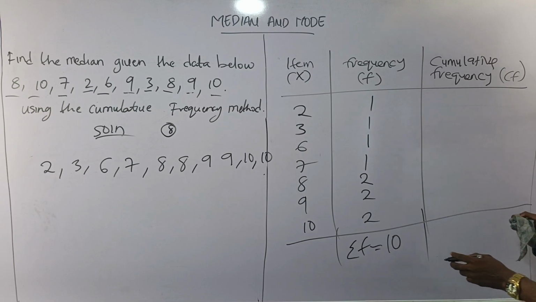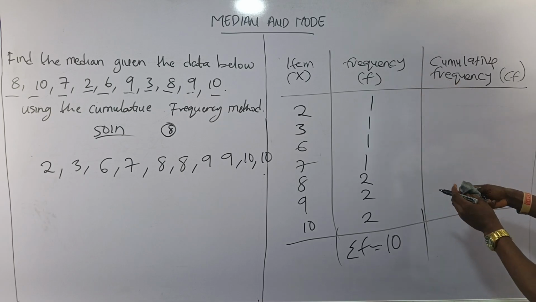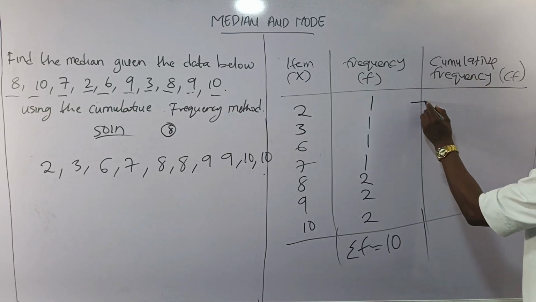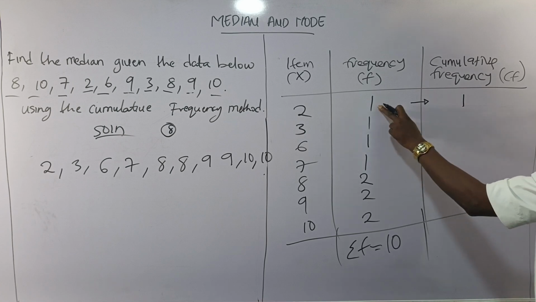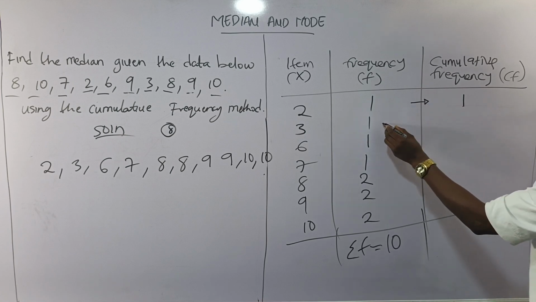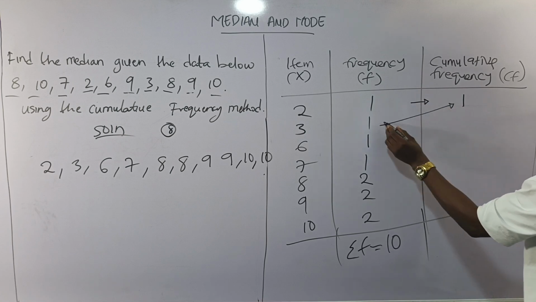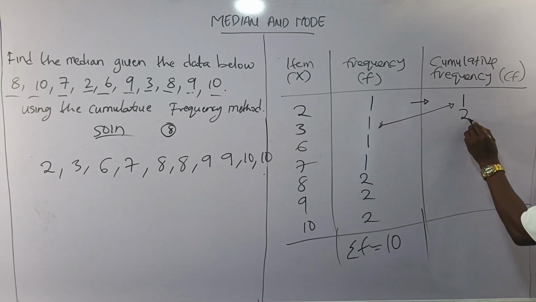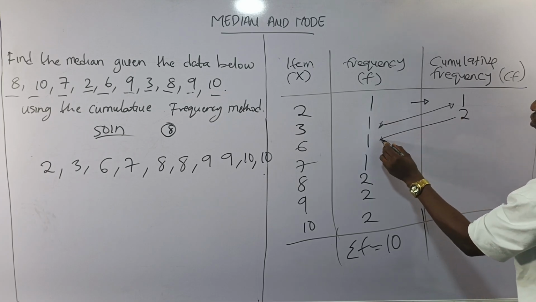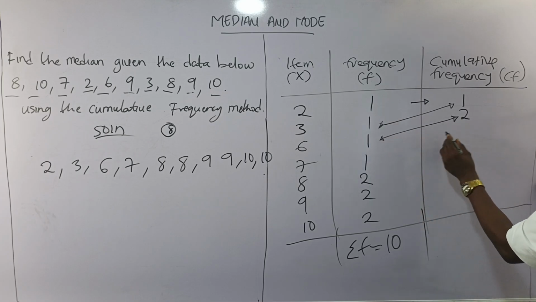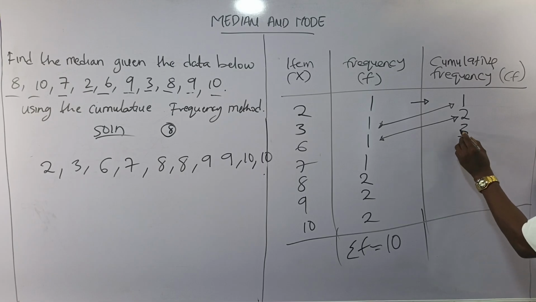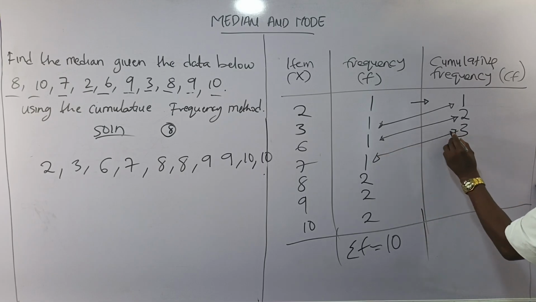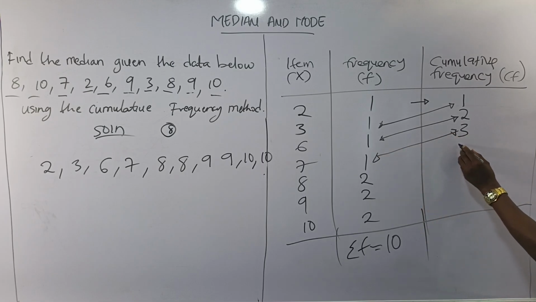Now, our cumulative frequency. Our first frequency and our first cumulative frequency are generally equal. So if this is 1, this must be 1. Now, our next will be the addition of these 2. 1 plus 1 will give me 2. Now, the third will give me addition of these 2, which will give me 3. And the fourth is the addition of these 2, which will give me 4.